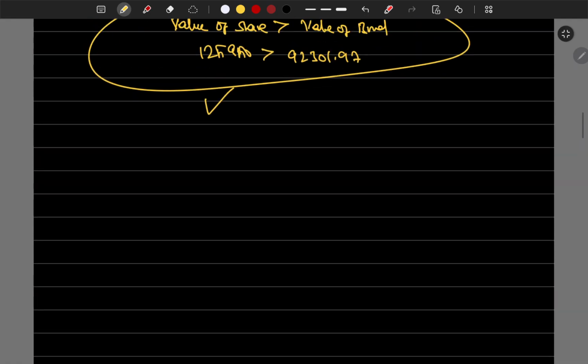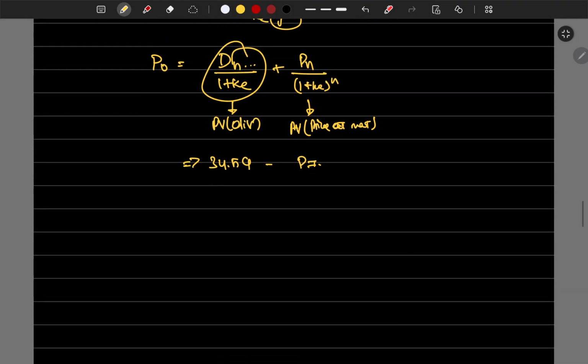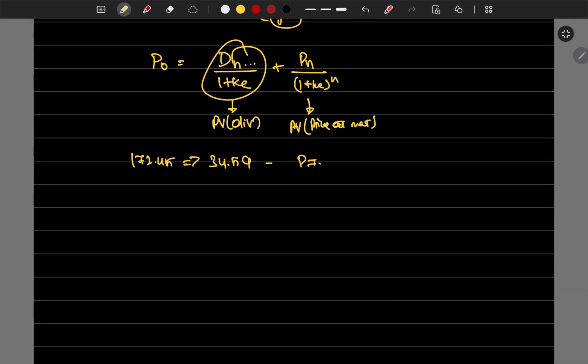But P0 we know, which is 172.45, the current market price they have given. So the present value of P7 is 172.45 minus 34.59, which is rupees 137.86. Using this value, we are going to find the G rate.